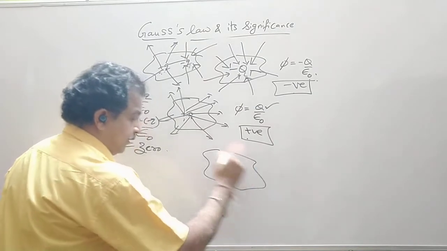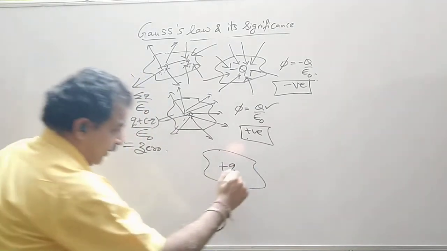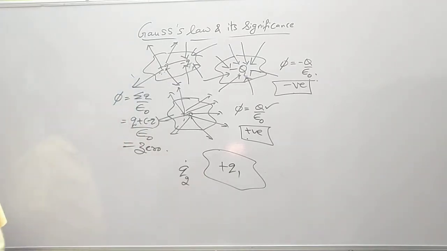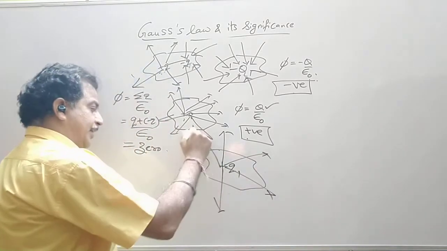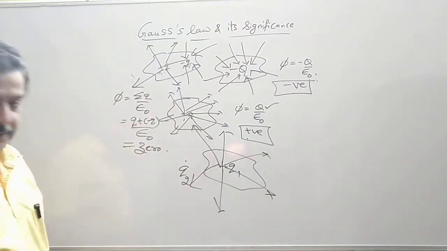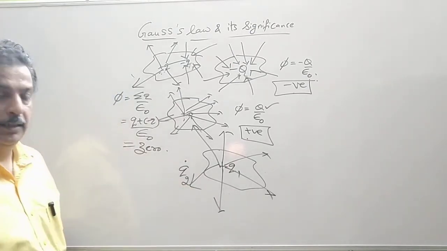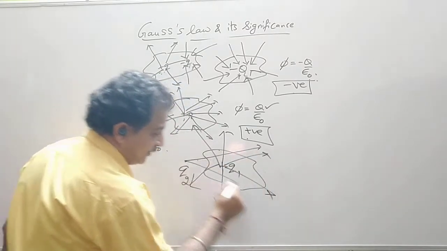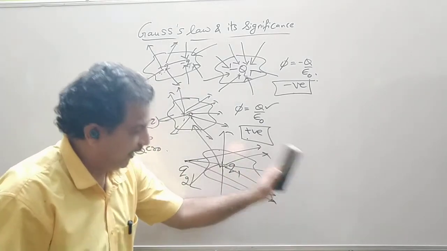Now suppose I take plus q, say q1, and another charge q2 outside. Now let us say field lines are emerging from it, 4 or 5, 6, anything. Now this charge is outside. Whatever amount of field lines enter from this surface, the same amount of field lines emerge out.